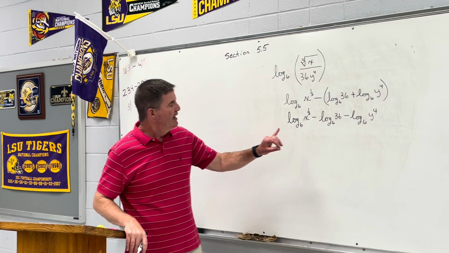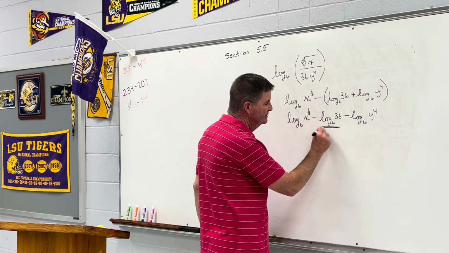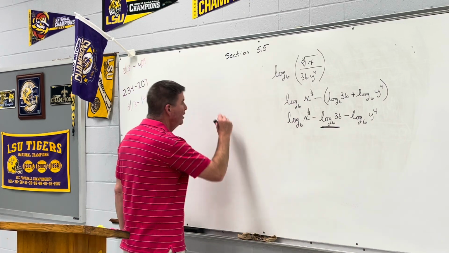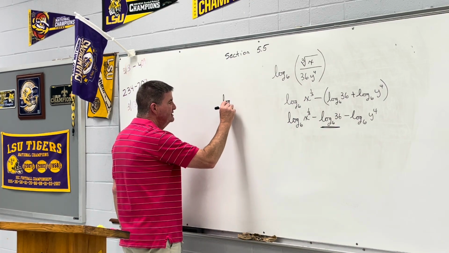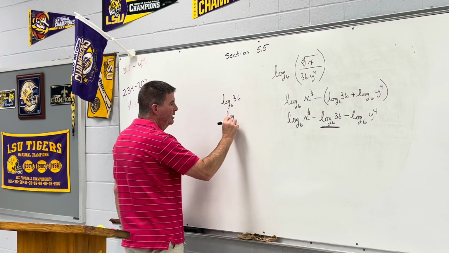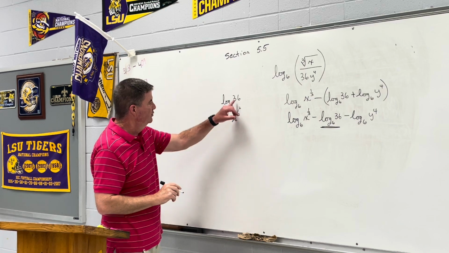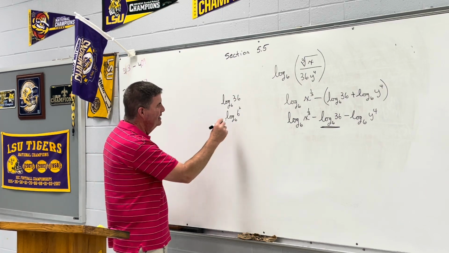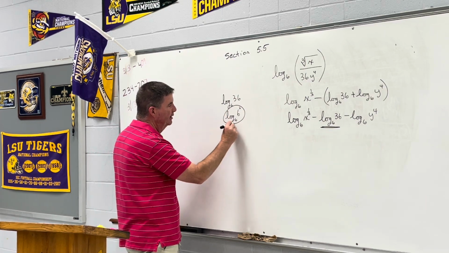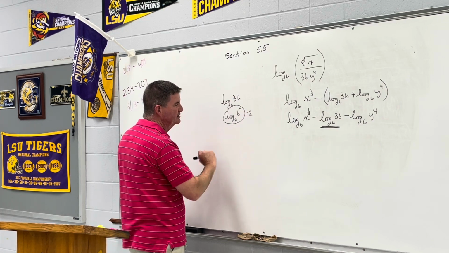Now in the next step, I'm going to look at this and I can simplify this because log base 6 of 36 can be rewritten as log base 6 of 6 squared. 6 squared is 36. Then allowing me to use the property to say that this answer is 2.